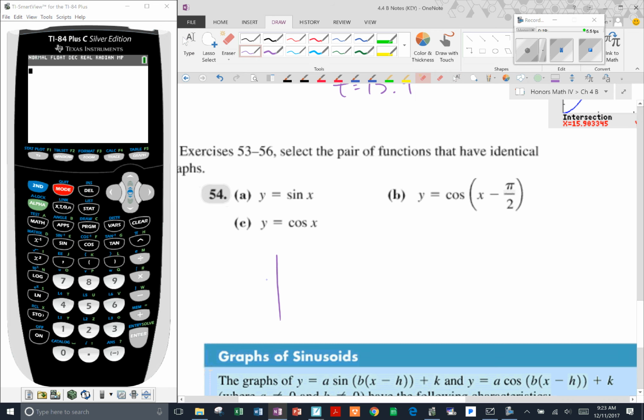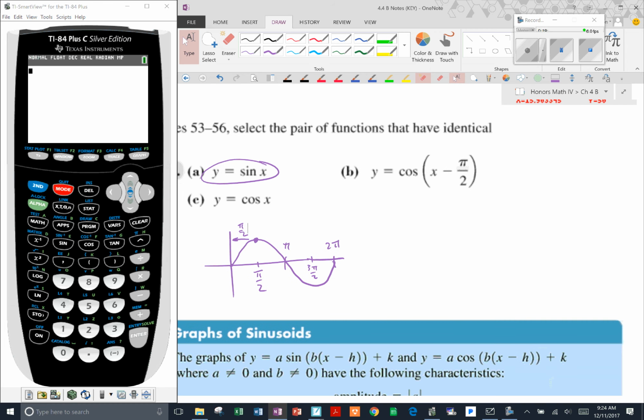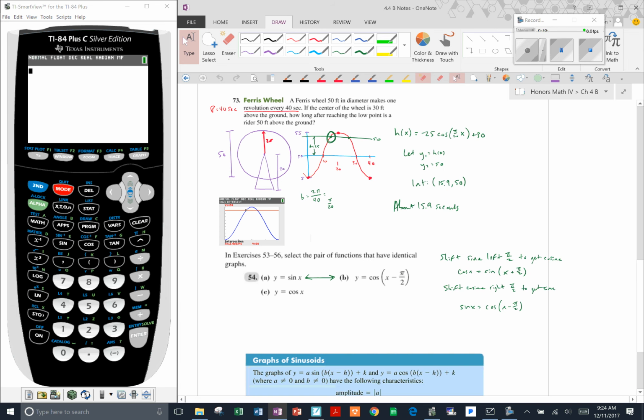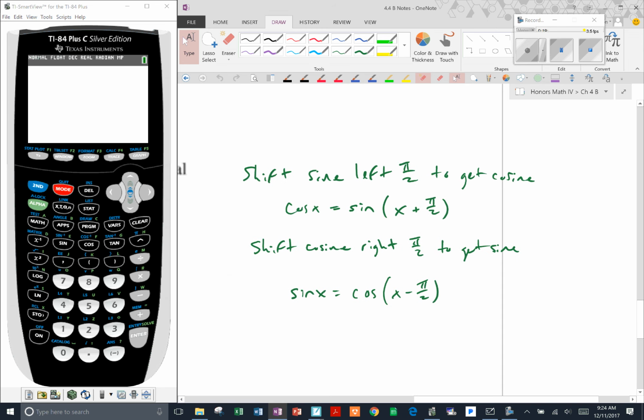How do you know how far? Well, the sine function, I'm going to do in purple down here, we know starts at 0, 0. There's 2 pi, so there's pi over 2. Obviously, there's 3 pi over 2. So if we took this point and we shifted it left pi over 2, we'd have the cosine function. In fact, let's write that if we shift sine left pi over 2, we'll get cosine.